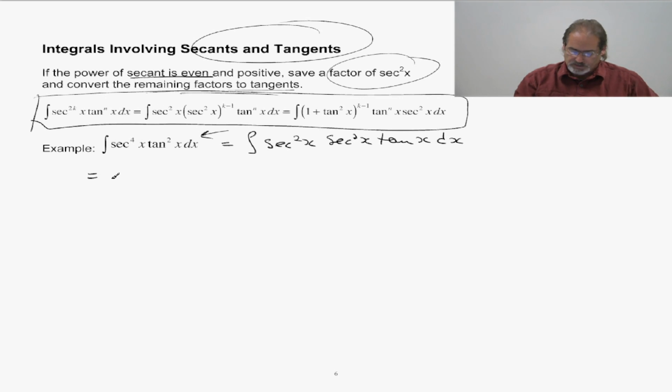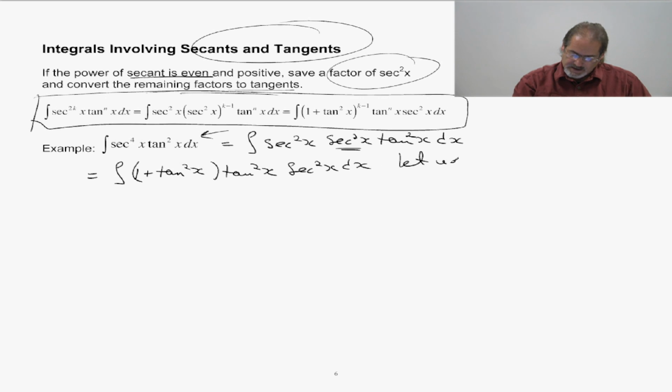This will be equal to, see, I can rewrite the secant squared in terms of tangent, and secant squared is actually equal to 1 plus tangent squared. So I'm going to write this as 1 plus tangent squared of x, times tangent squared of x, and then I have this last secant squared of x.